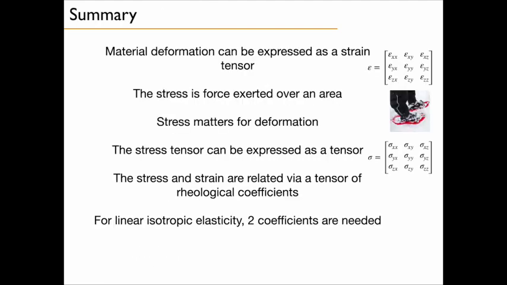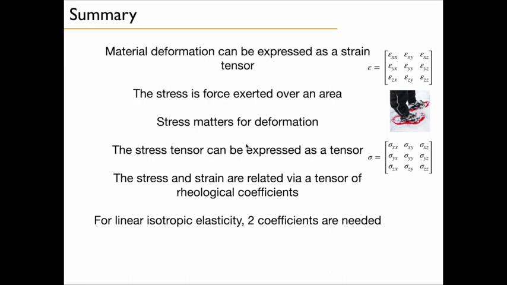So as a summary, the material deformation can be expressed as a strain tensor. The stress is a force which is exerted over an area, and what matters for deformation is actually the stress rather than the force.